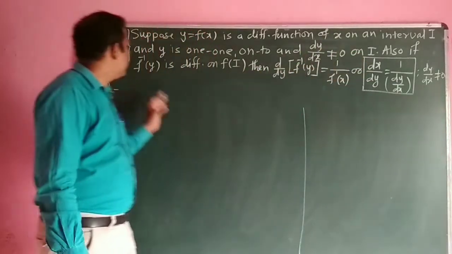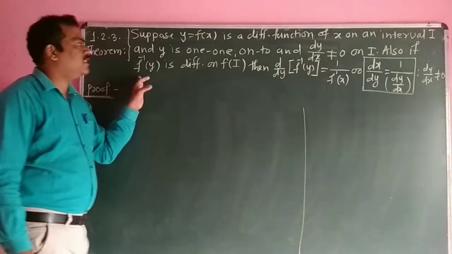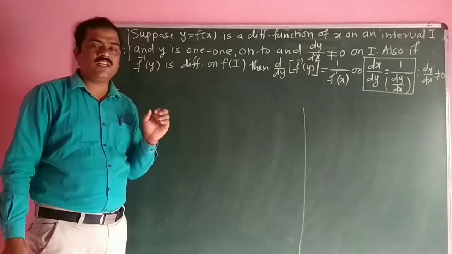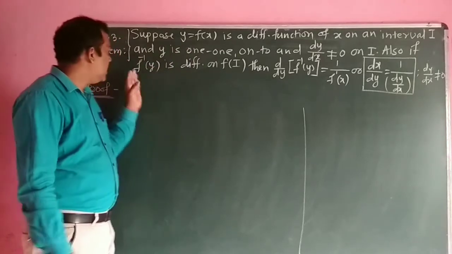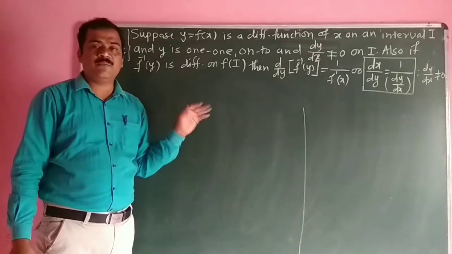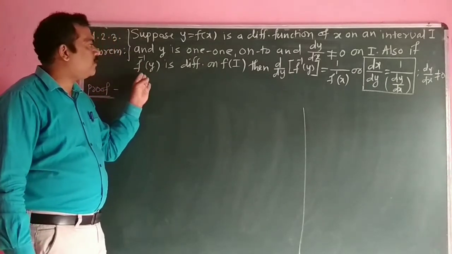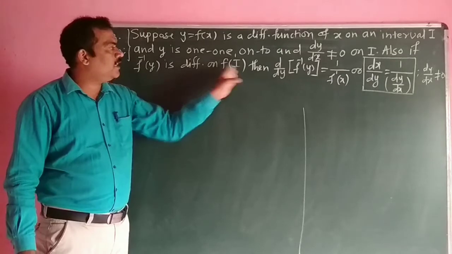Also, if f inverse of y is differentiable, meaning the original function is differentiable and its inverse function is also differentiable, then f inverse of y is differentiable on what? f of I.